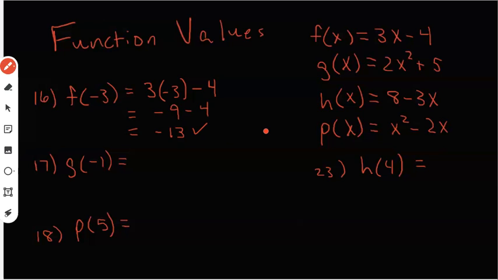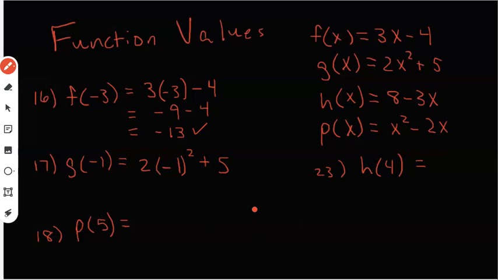Okay? Let's look at number 17. 17, we're doing g of x, and we're letting x be -1. So what I'm going to do is I'm going to keep everything the same with the function. I'm going to have 2 times something squared plus 5. And right here in parentheses, it tells me to put in -1, so that's what I'm going to do.